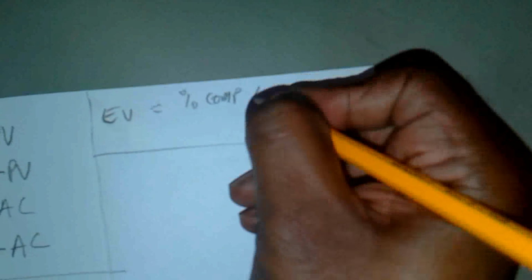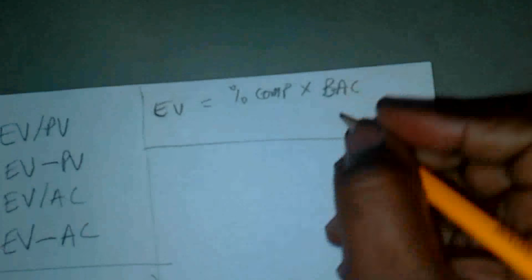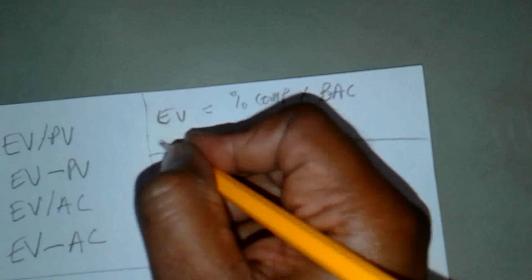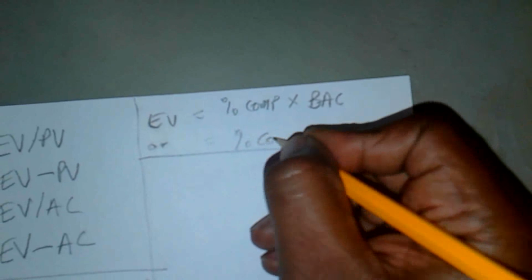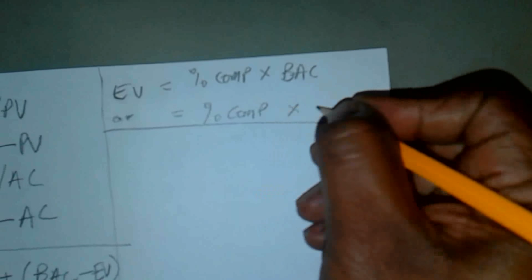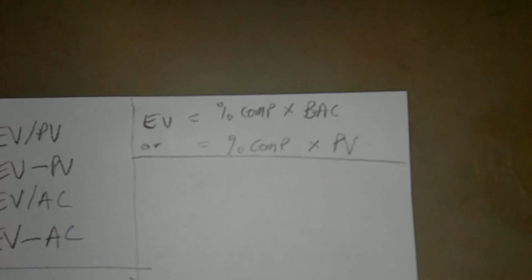You also want to remember that earned value is equal to percent complete times your budget at completion, depending on the context of the question, or it could be equal to percent complete times planned value. It always depends on the context of the question.